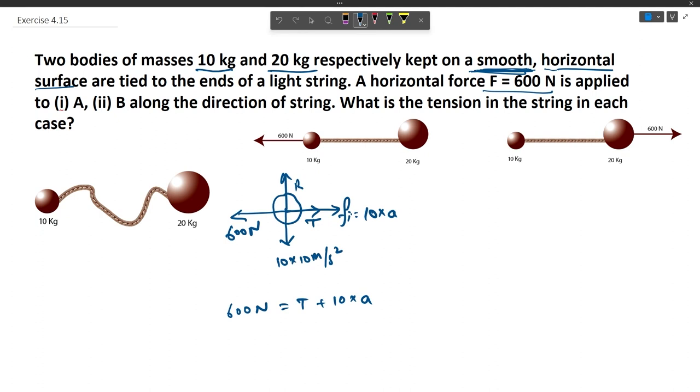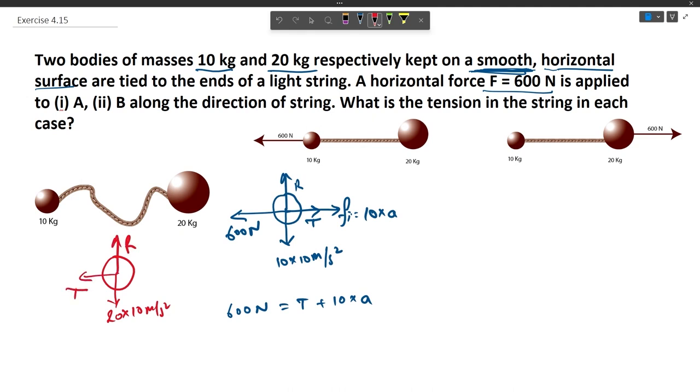And taking the free body diagram for the 20 kg object, let us draw it here. Again there would be 20 multiplied by 10 meter per second square, that is the weight, and the reaction force, that will cancel out each other.